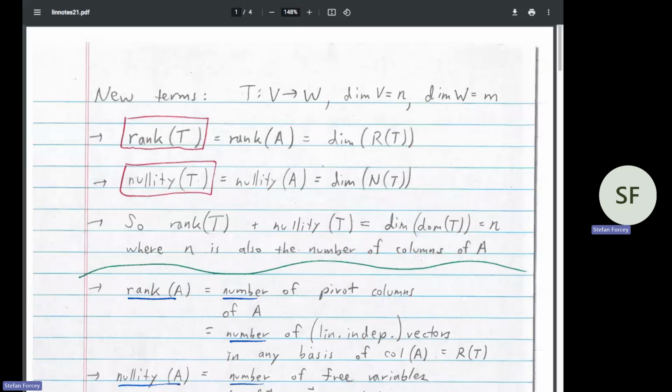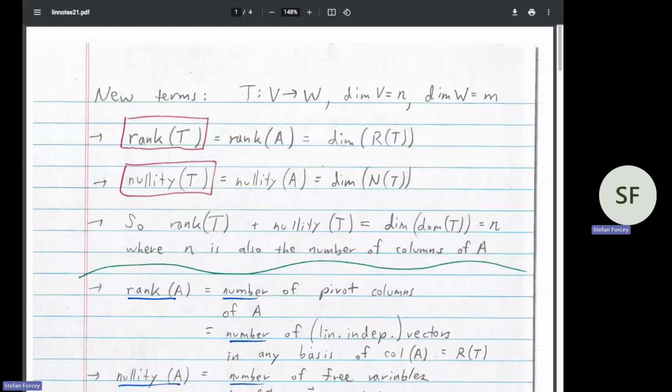The nullity of T is the same thing as the nullity of A, if A is the matrix that represents T. So we'll just use those interchangeably. It's the dimension of the null space of T. So if the dimension of V is N, that's where the null space lives, inside the inputs.